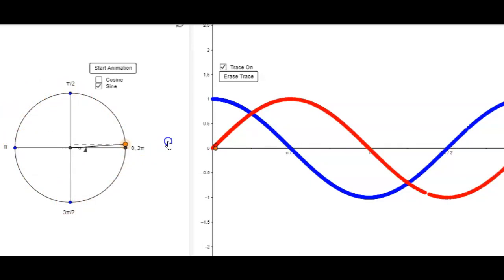And it continues on, and it's a continuous wave. So that's also important to note that sine and cosine functions are what we call periodic functions. They repeat. They're the same thing, continued on and on.